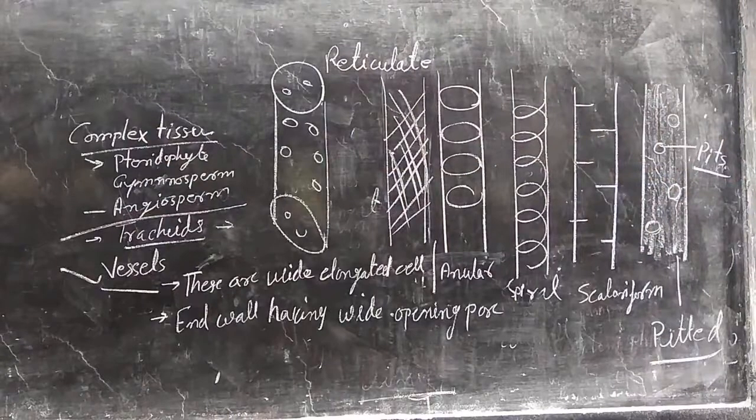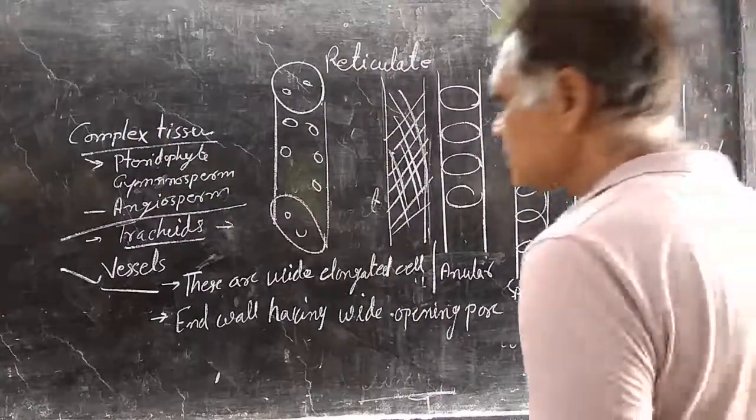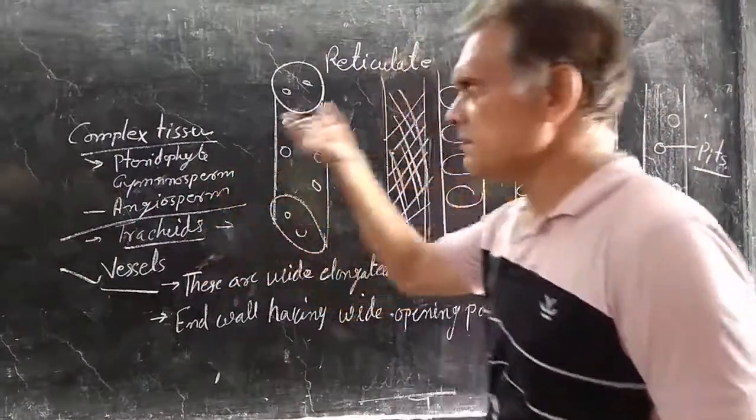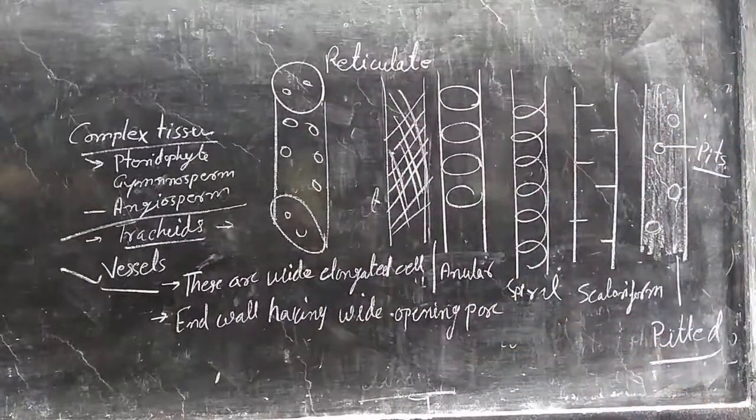In pteridophytes and gymnosperm, vessels are absent.